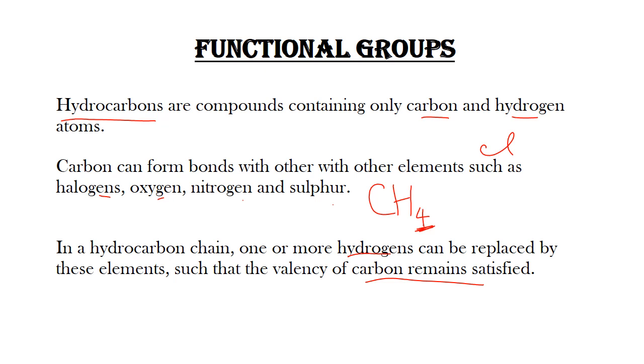So I remove one hydrogen and replace that with Cl. So that is our new organic compound where one of the hydrogens has been replaced by the halogen, while making sure that the carbon's valency is satisfied. Carbon still has 4 bonds, 3 with hydrogen and 1 with chlorine.